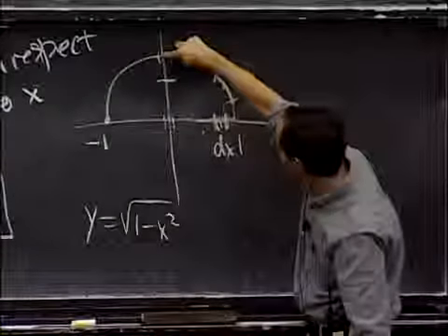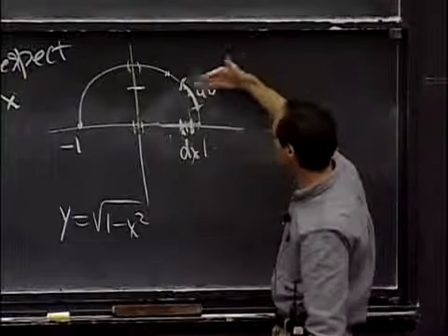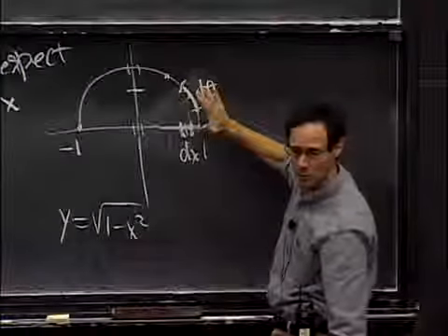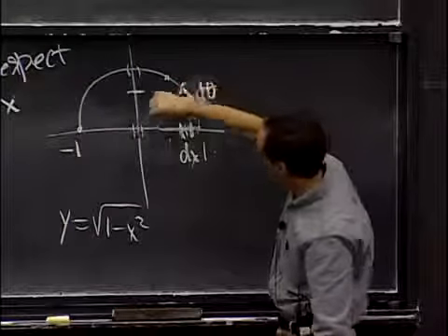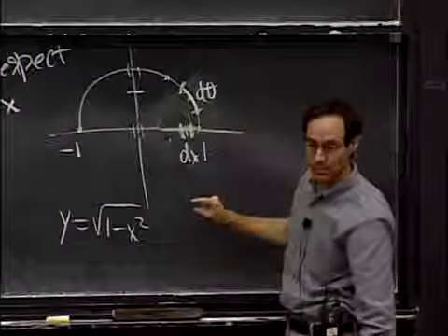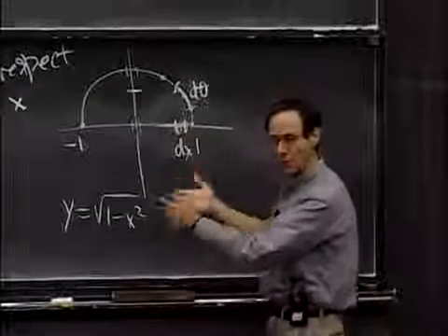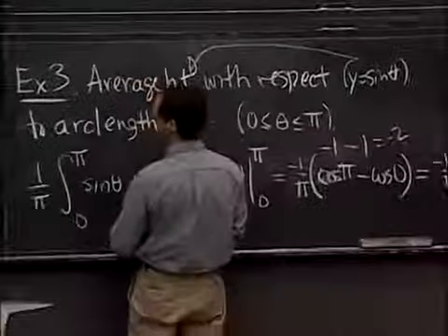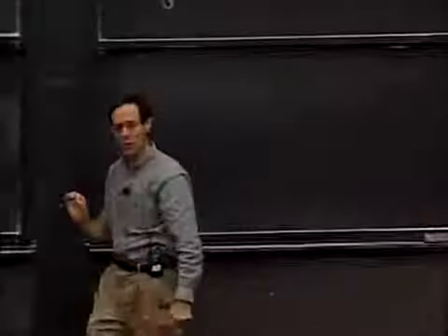But here, with respect to theta, this is relatively short and this is much larger. So as I say, the theta variable is emphasizing the lower parts of the semicircle more. That's because this length is shorter and this length is longer, whereas these two are the same. It's a balancing act of the relative weights. I'm gonna say that again in a different way. The lower part is more important for theta.